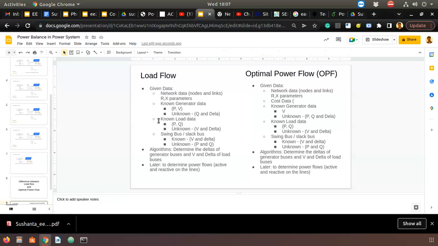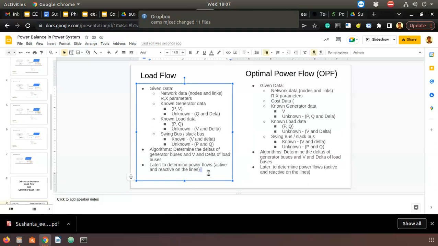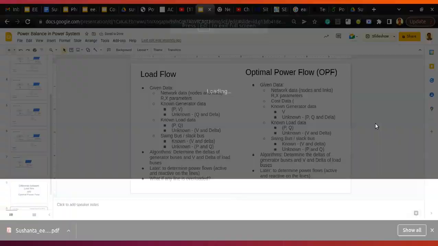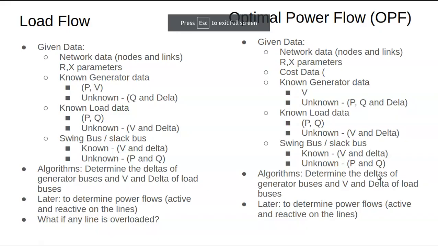Even the transmission terms are there. See, transmission lines: what if any line is overloaded? Here we are just calculating but not checking whether the constraint is satisfied or not. That is load flow.